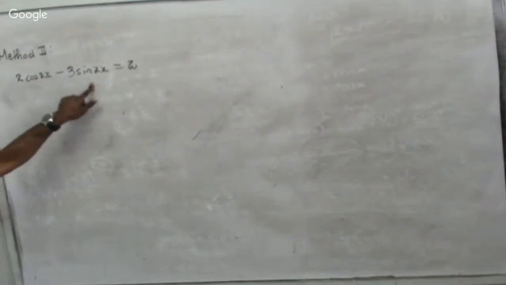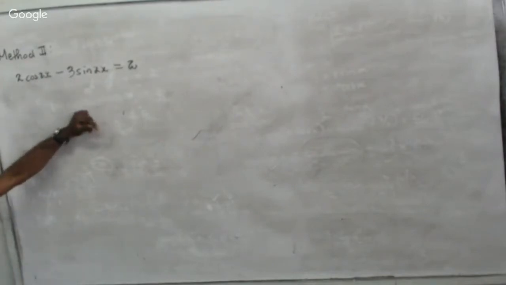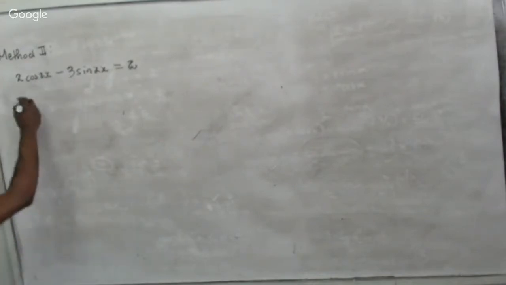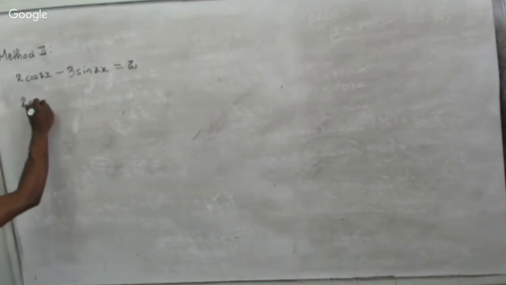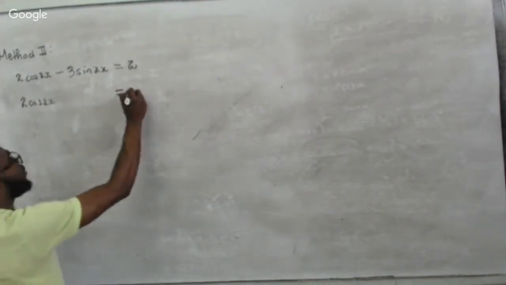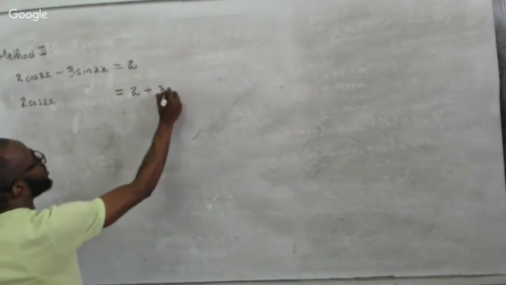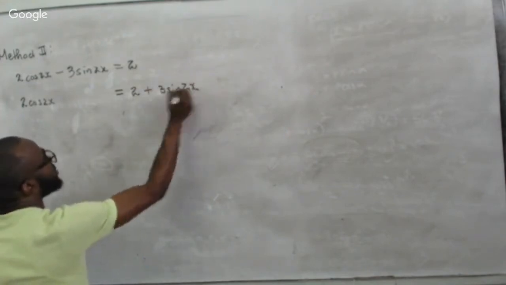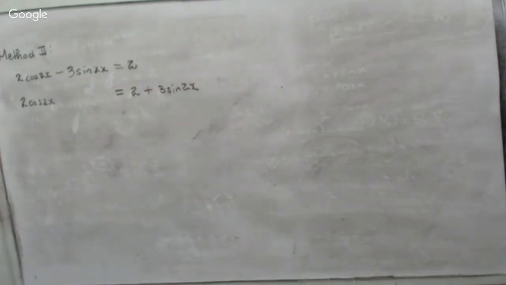I won't be able to change cosine and sine to only sine squared and cosine squared. So in that case, I would say 2 cos 2x is equal to 2 plus 3 sin 2x. Let us try squaring both sides and see if we get something meaningful.